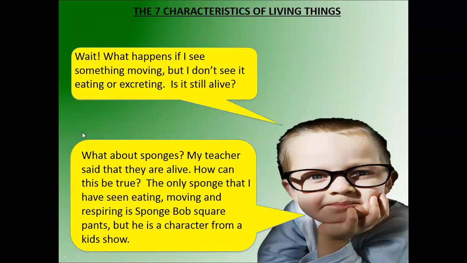Not all the things that move would eat. Not all the things that move would excrete. You can have an automatic car, but we cannot say that because the car is moving, it is a living thing. No. And if you have a tree which is not moving, we cannot say that because the tree is not moving, it's not a living thing.